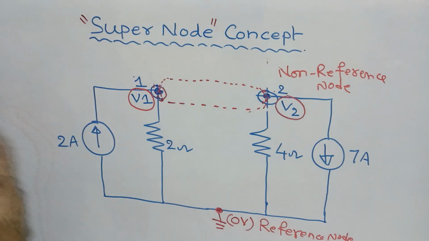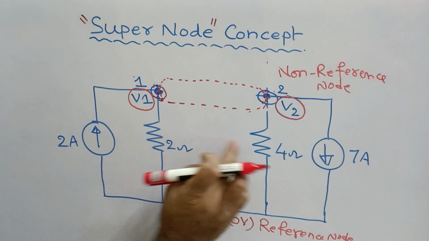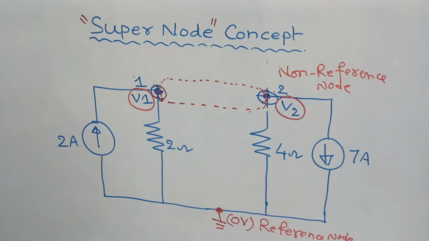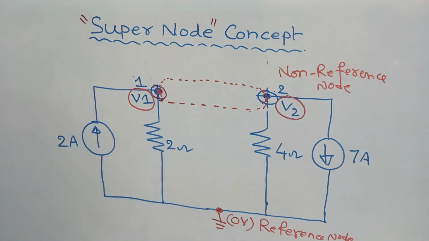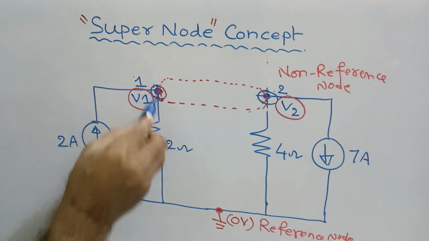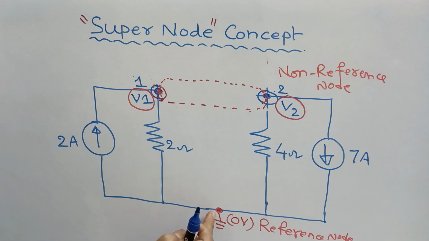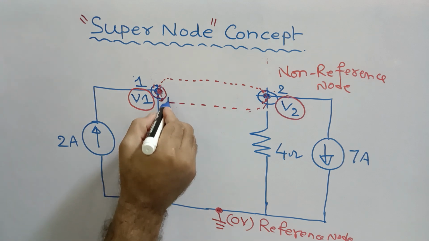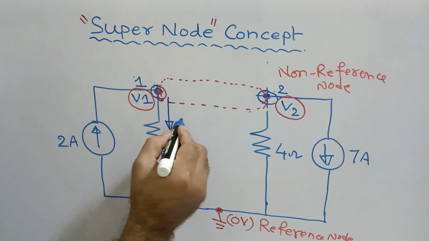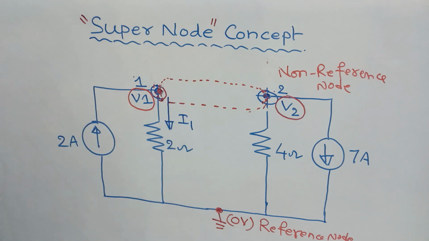Now as a second step, for the resistors available here, because this is a node, we consider this as a node. Therefore, from this node to the ground point or ground node, the resistor is connected. Assume that some current is flowing through it, called I1.